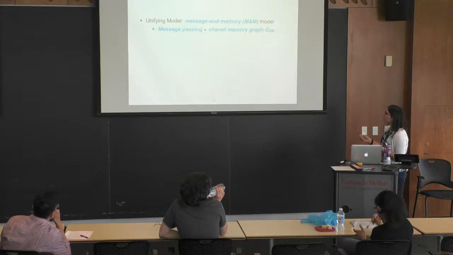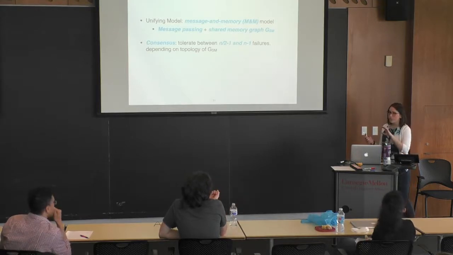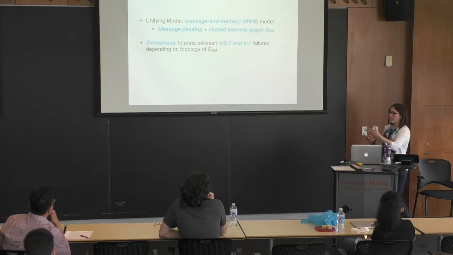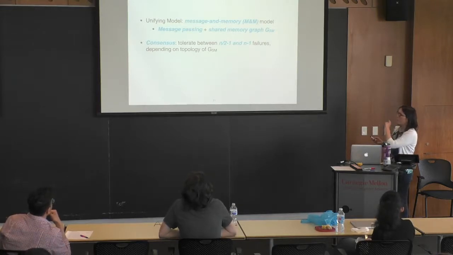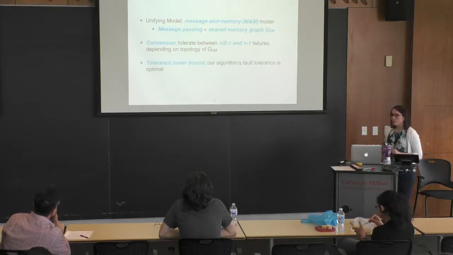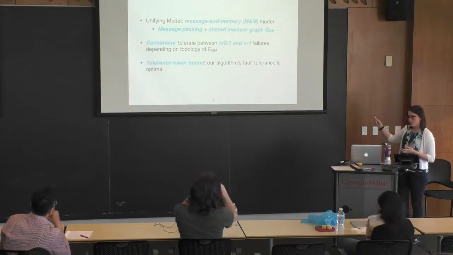And in this setting, we show that you can tolerate more failures for consensus. You can solve consensus with more than half failures. And how many failures you can tolerate actually is going to depend on your shared memory graph. And we also show a tolerance lower bound that you can't do much better than what our algorithm achieves.